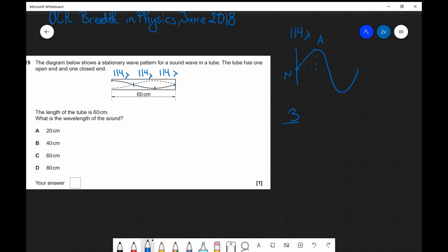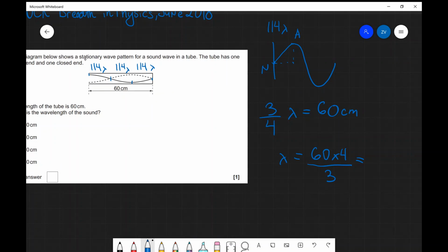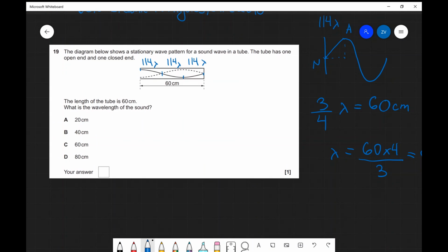So 3/4 lambda is equal to 60 centimeters. That means the wavelength is going to be 60 multiplied by 4 divided by 3. So 60 times 4 divided by 3 is 80 centimeters. So in this case, the correct answer is D, 80 centimeters.